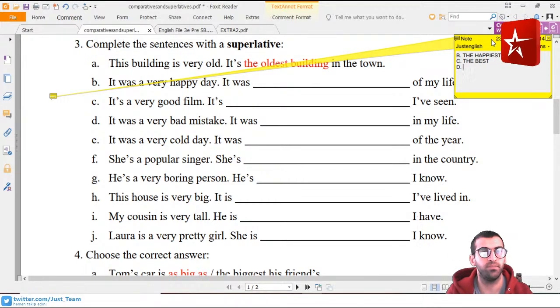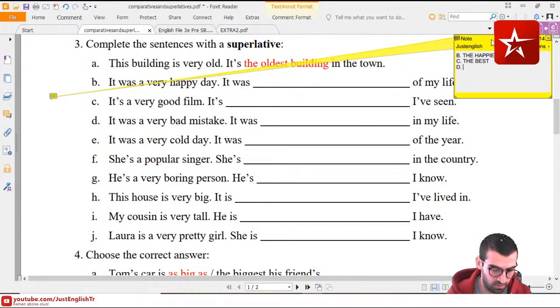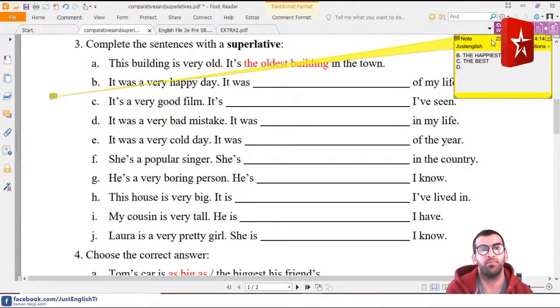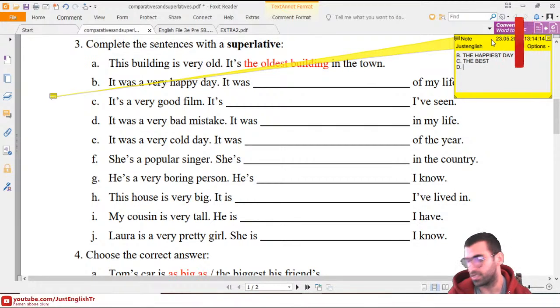It was a very bad mistake. It was blah blah blah in my life. Yes, in my life. It was a very bad mistake. It was the worst. Yes, the worst mistake in my life.